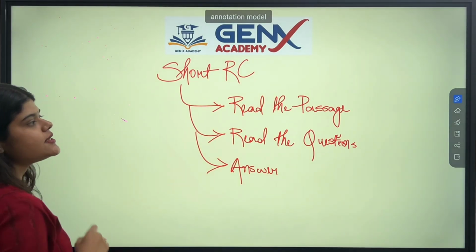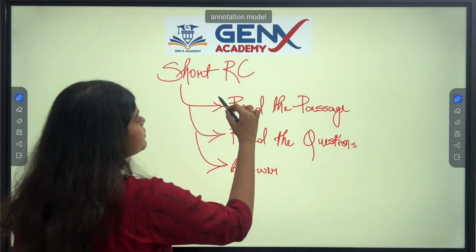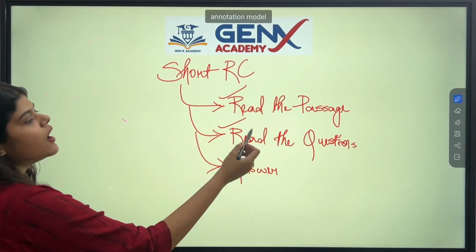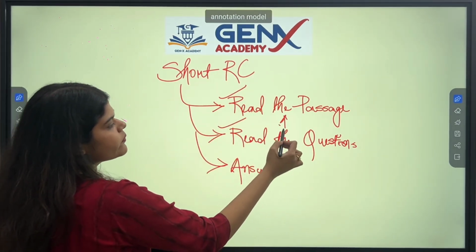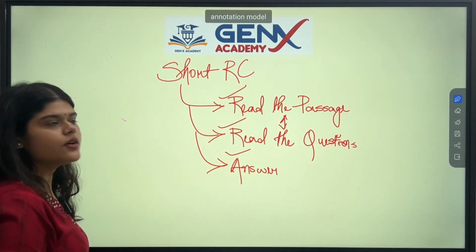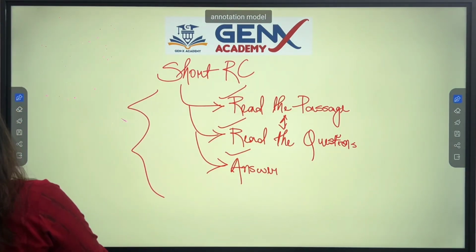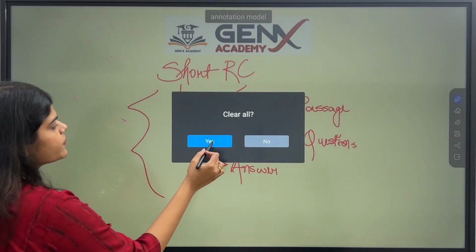So for short RCs, you will first have to read the passage, then read the questions, and then relate both of them and then answer the questions. Okay, so this is short and simple. Let's move on to the long RC.